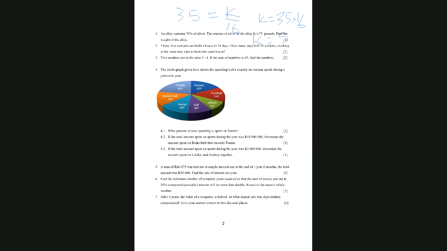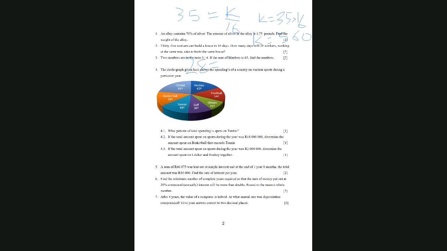Now we want the number of days. How many days will 28 workers build with the same rate? So it's going to be 28. Now we know K to be 560.